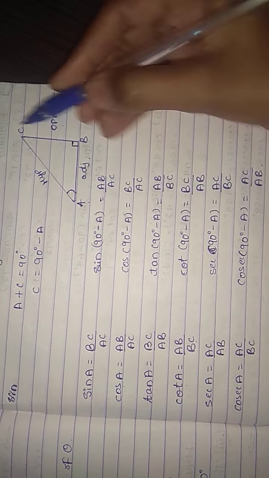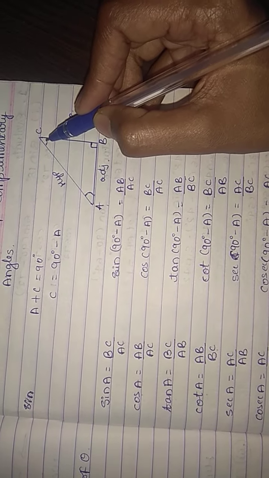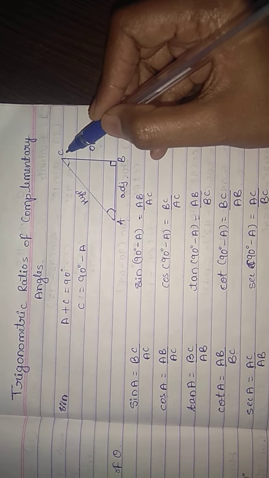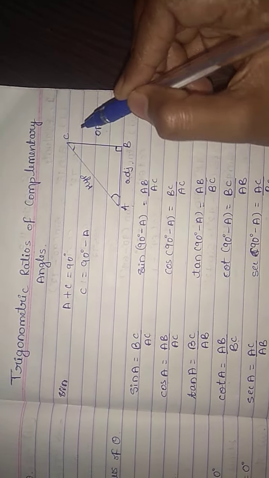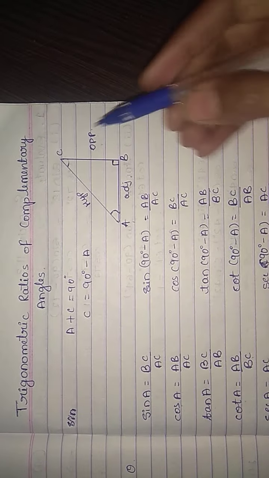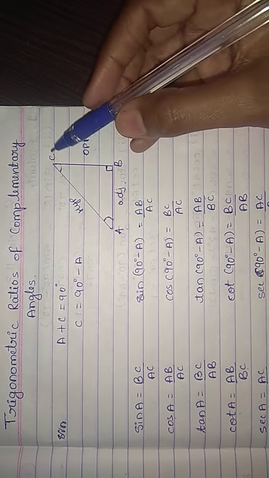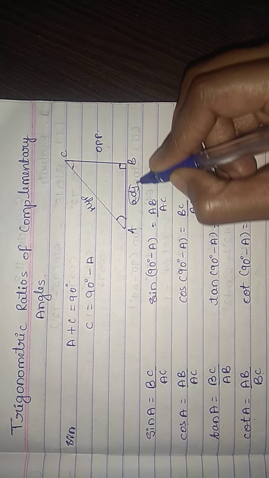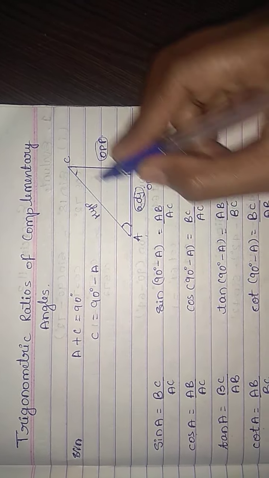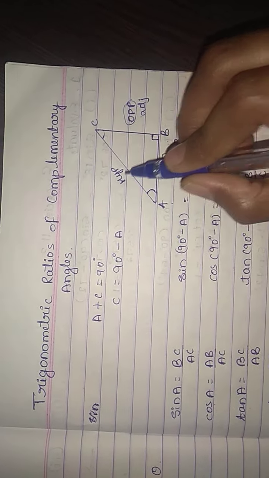Now, focus on angle C. Which side is opposite to angle C, which side is adjacent, and which side is the hypotenuse? Tell me. Yes. The opposite of angle C is AB, this is the adjacent of angle C, and the hypotenuse is the same.